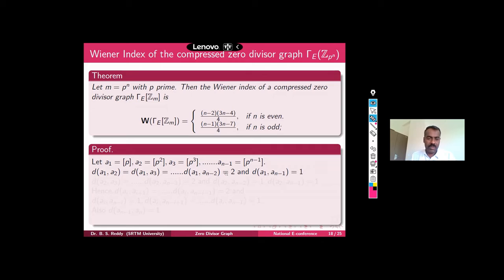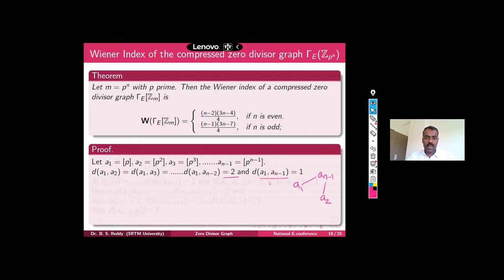So what is the path from a1 to a2? From a1, we can go to an minus 1. From an minus 1 to a2, we have a path. So from a1 to a2, we have a path whose distance is 2. And this is the shortest path one can get. We cannot have a smaller path than this. And one can see that the distance between a1 and an minus 1 is 1, right?